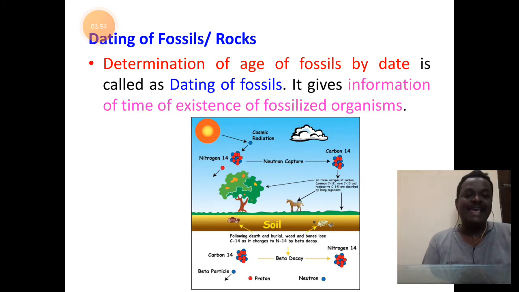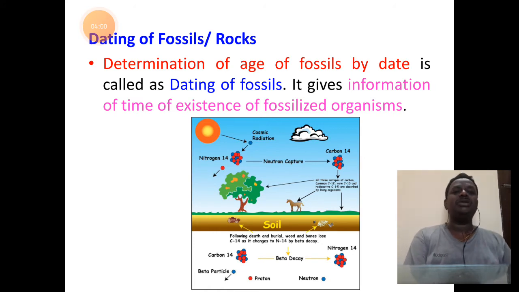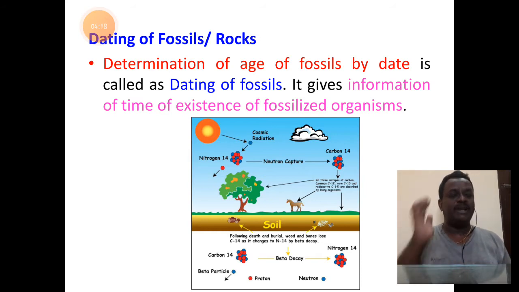So we give the age of fossils by date using different methods, and it gives information about the time of existence of a fossilized organism, that is, the time of existence of that particular organism on the Earth.